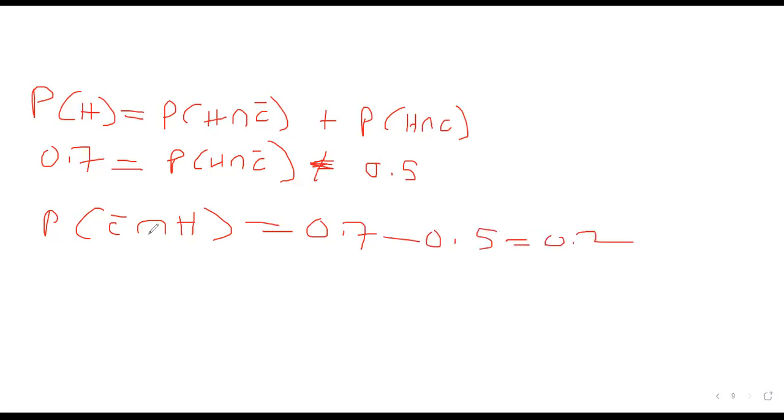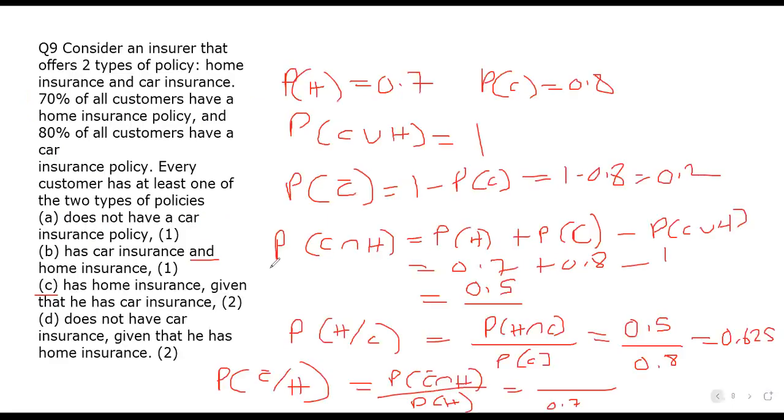So the complement is on C. This is what we're looking for here. So we put 0.2 and divide 0.2 by 0.7. We're going to get 0.286. So this is how we tackle that question. We end here for now. Unless there are any burning questions, you can ask.